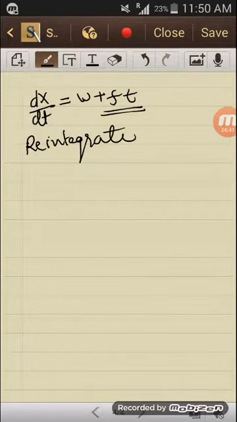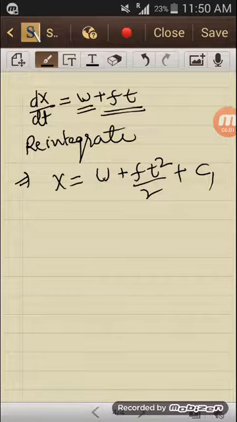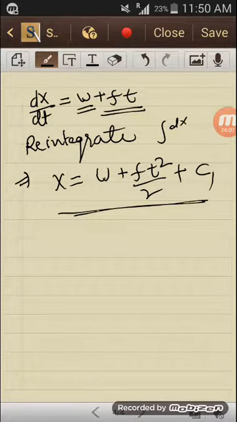what will we find? If we reintegrate it, then we will get x equal to ut plus ft²/2, and another constant is c1. This is 12th level, so you should understand how this comes. This is simply integration, and I have integrated the equation dx by dt with respect to t.